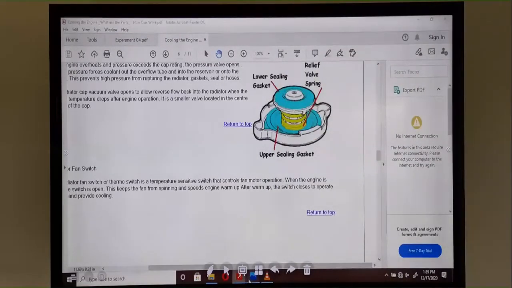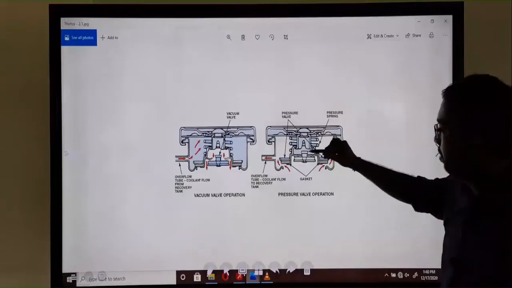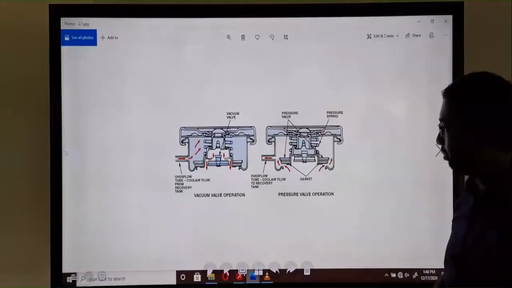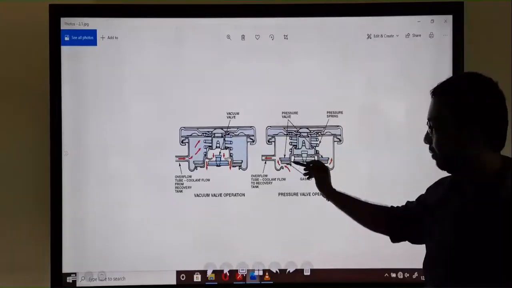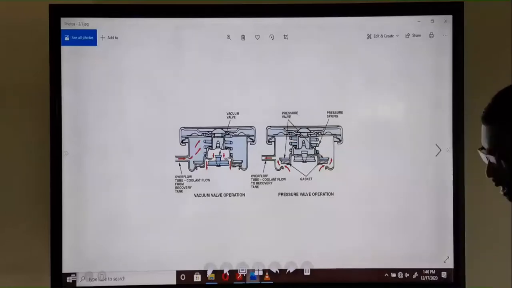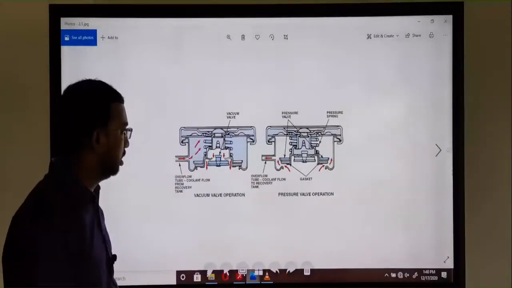There is a photo where you can clearly see this. This is the pressure valve condition. The spring moves upwards, so there is a gap, and the coolant moves to the tank.